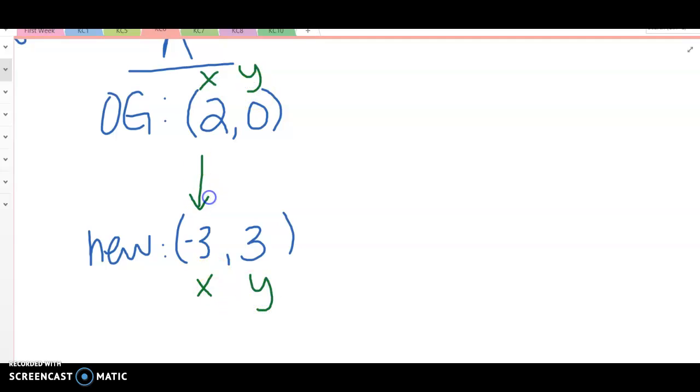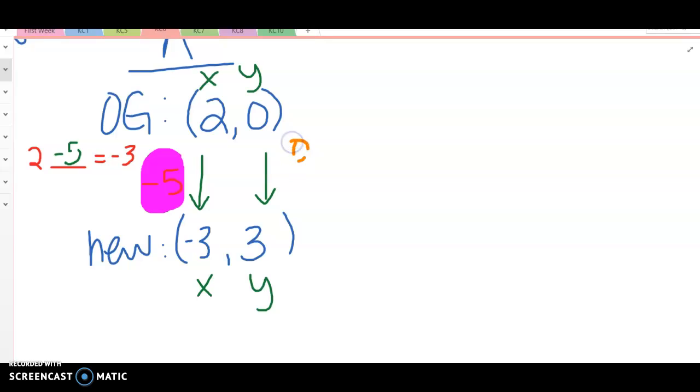So we're going to map out how we got the X and then map out how we got the Y. So how do we get from 2 to negative 3? You go down 5, because if you're starting at 2, you have to subtract 5 to get to negative 3. So that's what happened to all the x's. And then we do the y's, and we see we go from 0 to 3.